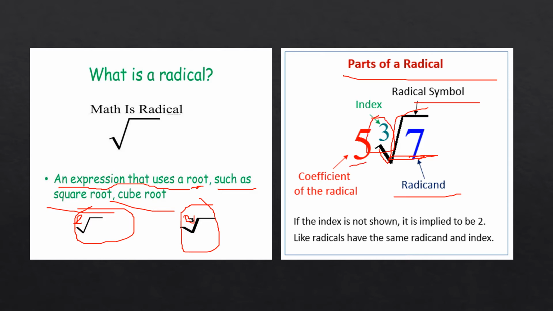And if there is a number with a radical expression, we call it the coefficient of a radical, okay? If the index is not showing, it is implied to be 2, okay? Just like I told you, if we didn't write any number, it is a square root.